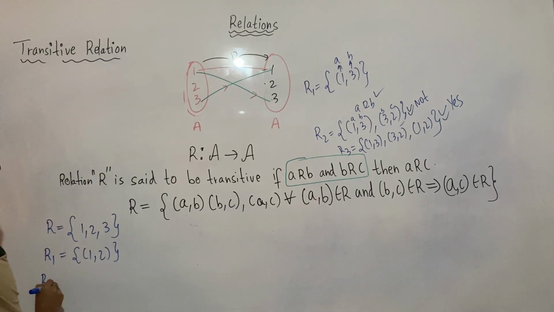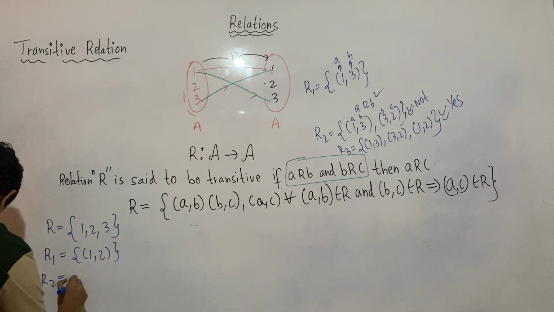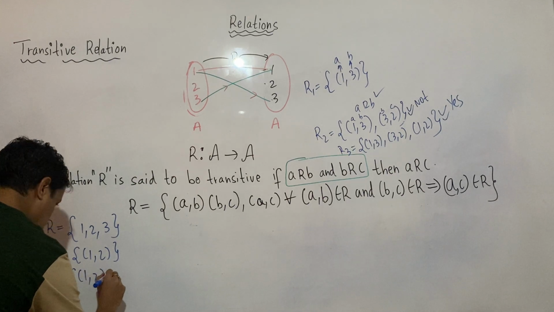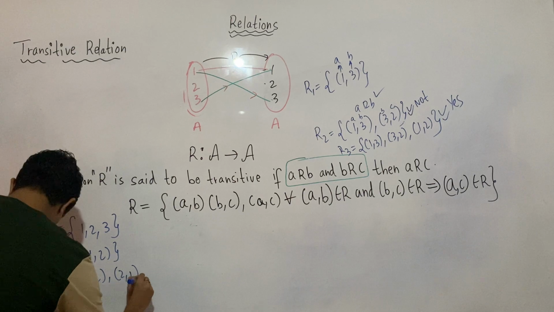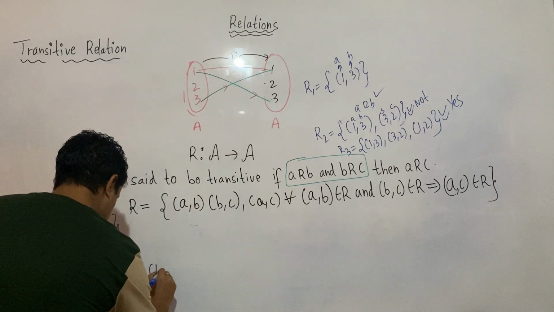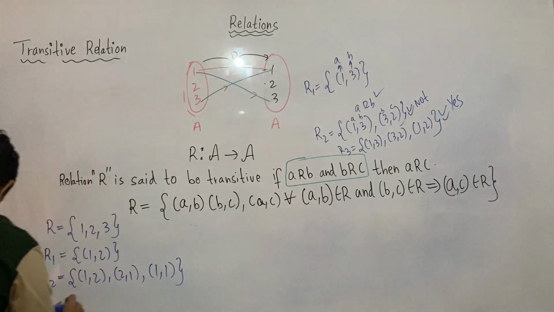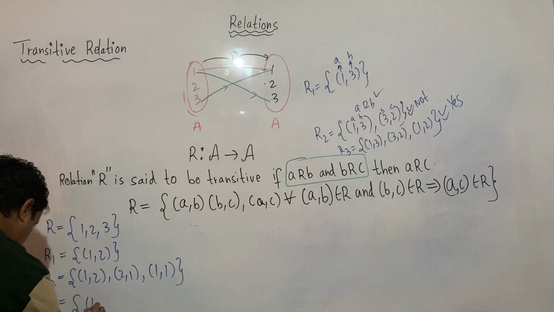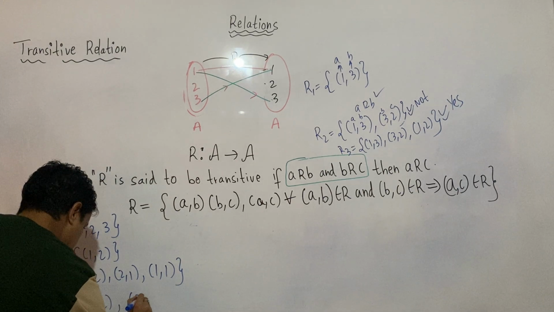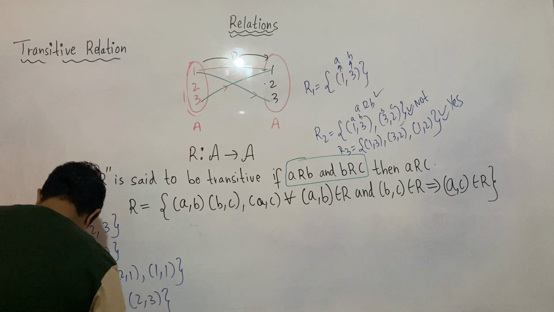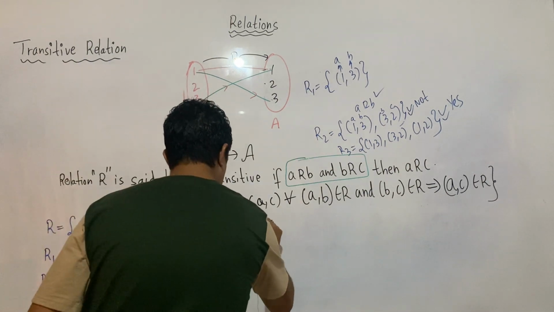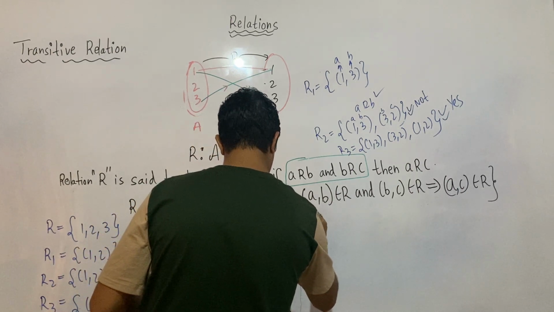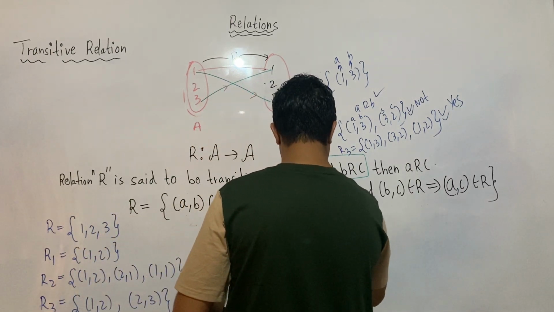R2 is (1, 2), (2, 1), (1, 1). R3 is (1, 2), (2, 3). R4 is (1, 2), (3, 2).